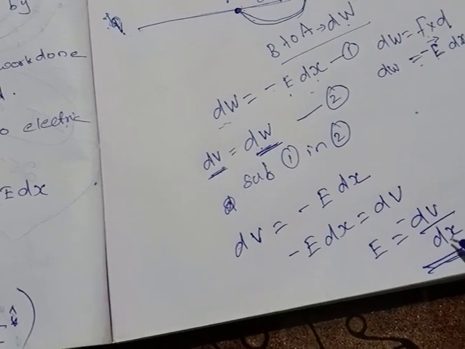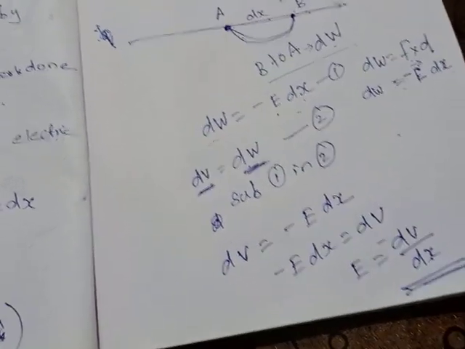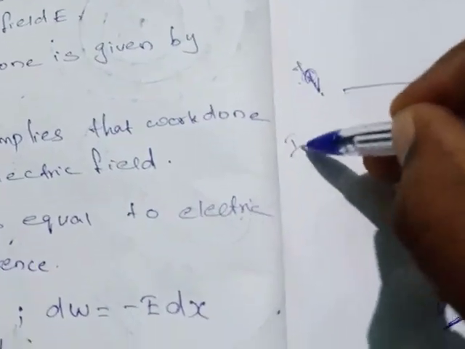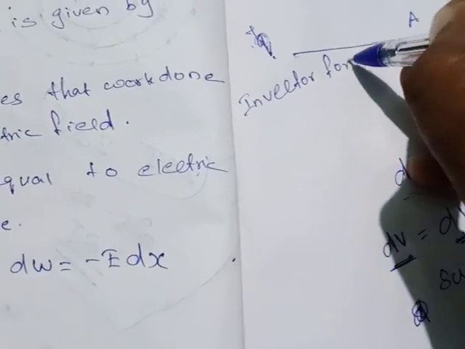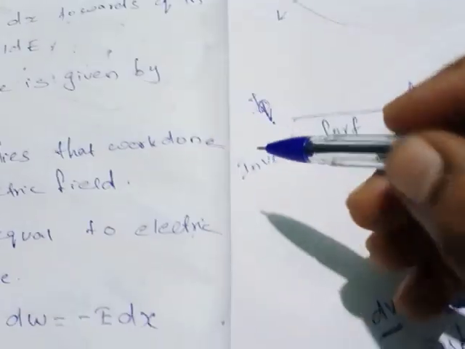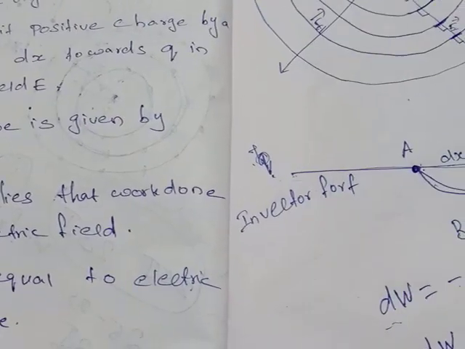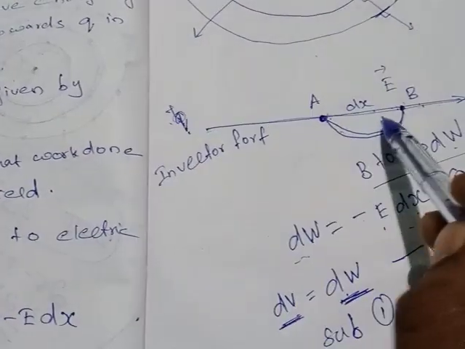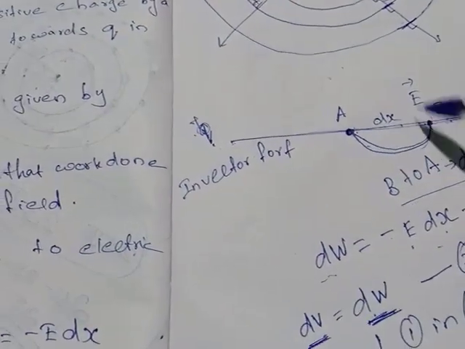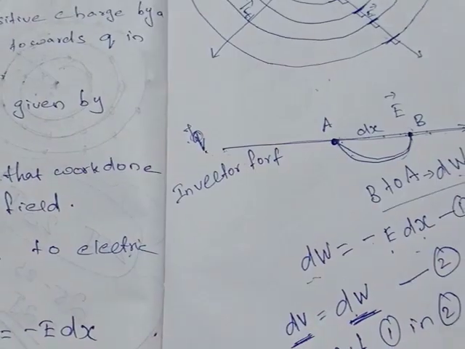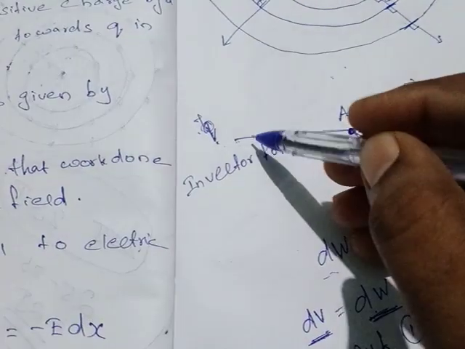This is only for the x direction. Now you can write this equation in vector form. We got an equation only for the x direction, but you can also move this charge in the y direction. So in all directions, x, y, z, you can move.